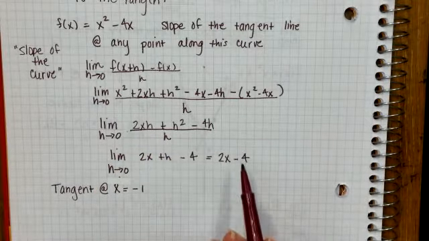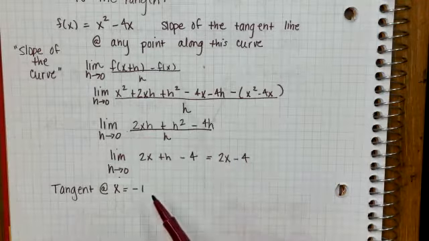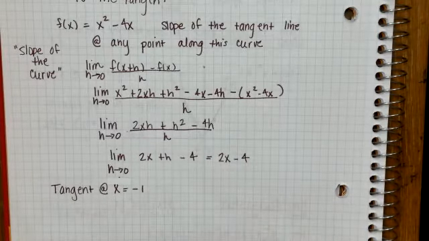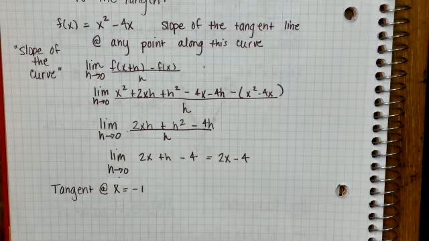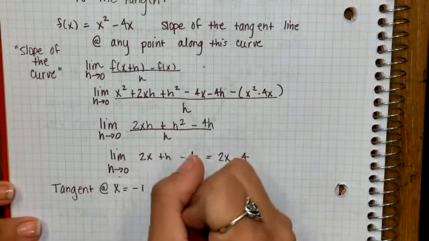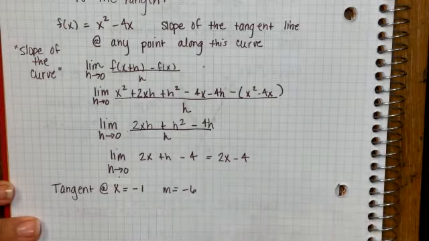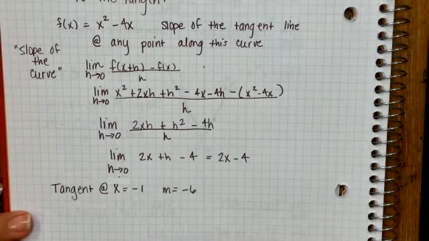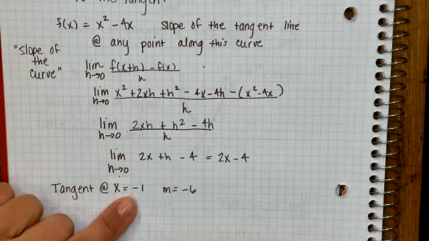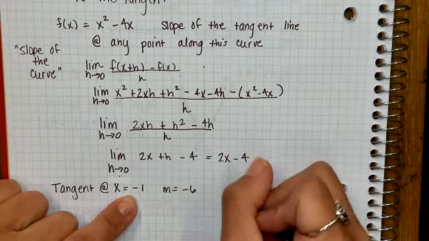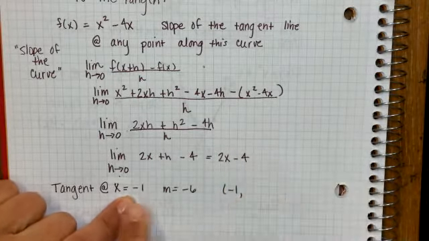Okay, well, if my slope is 2x minus 4 and x is -1, I believe that would be, how about -6? Yeah. Then if I have the point, well, I sort of have the point. The point on the curve is -1.